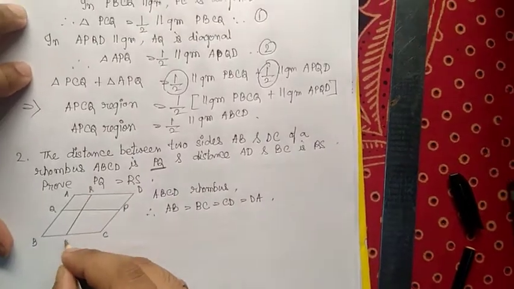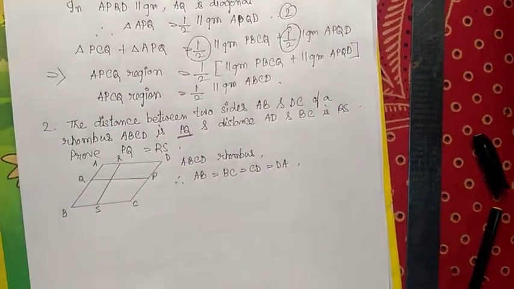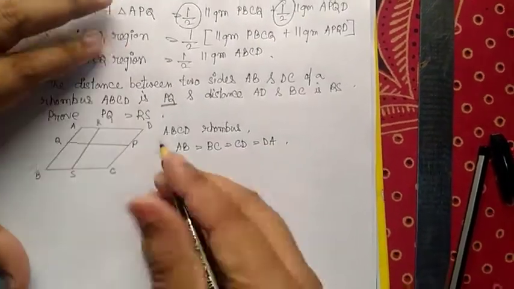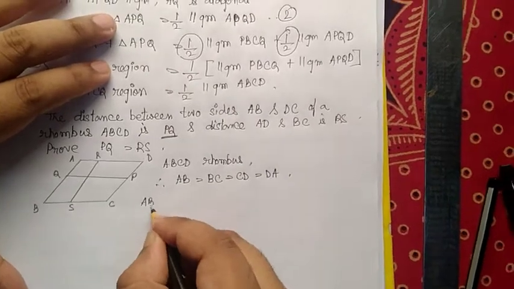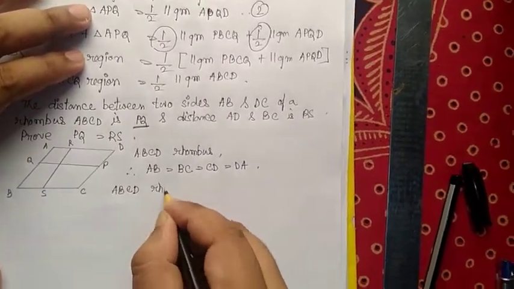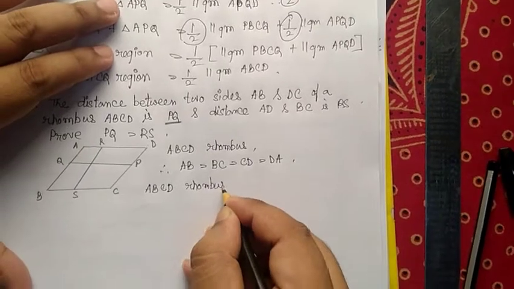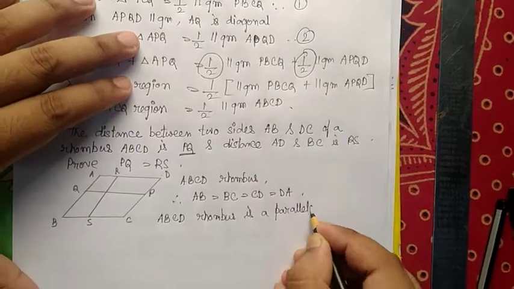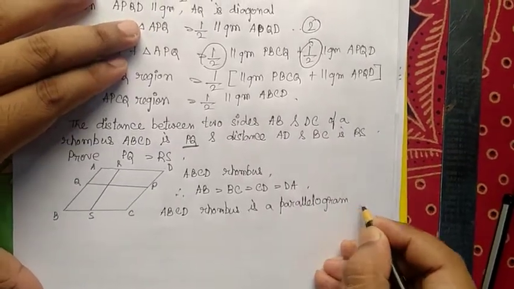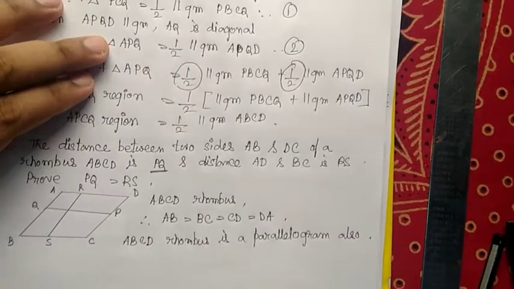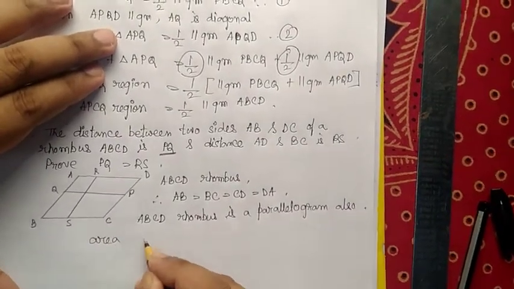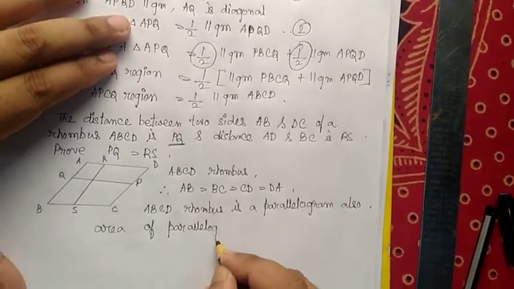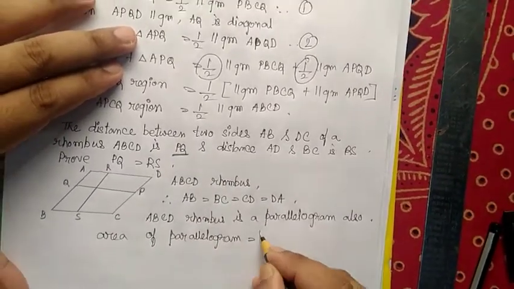This is R, this is S. So we can say here the rhombus ABCD is also a parallelogram. If this is a parallelogram, we know the area of a parallelogram is base into height.